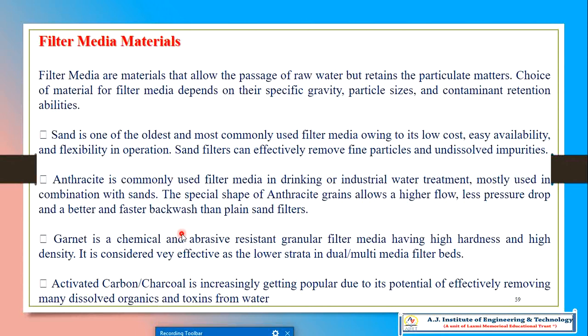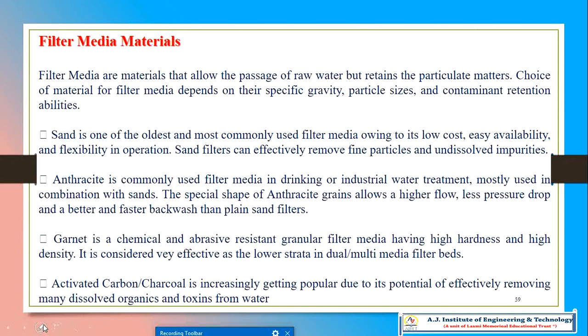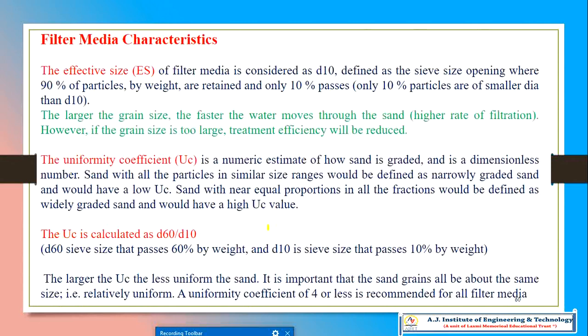This is about filter media, that is sand, anthracite, granite, and activated carbon or charcoal.